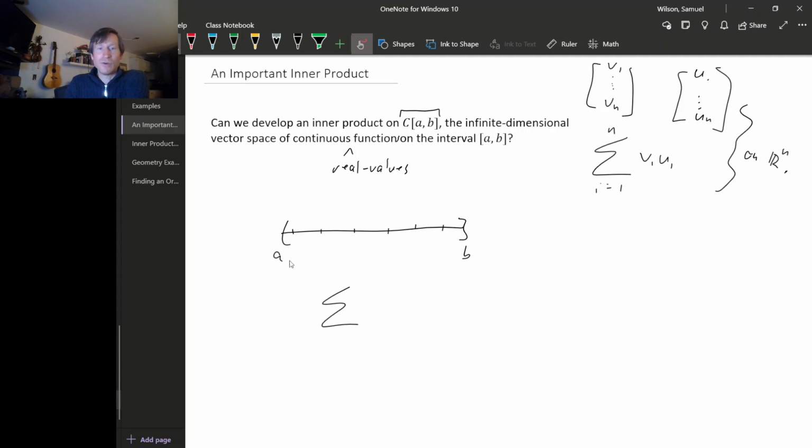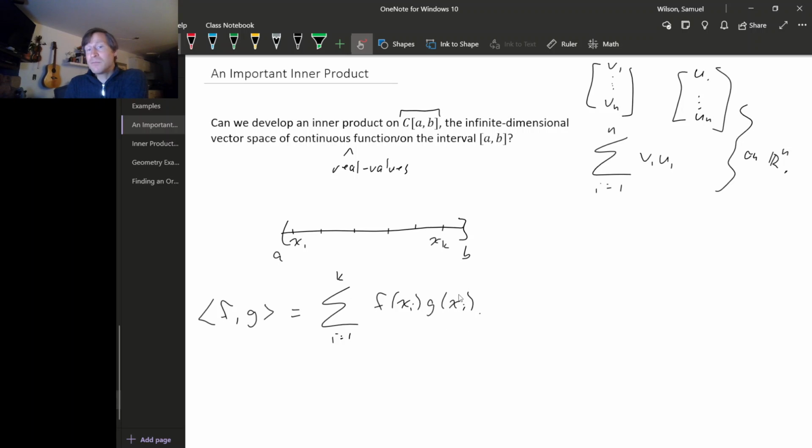If we have two functions f and g on this interval, let's call these x values x_1 up through x_k, we could do the sum from i equals 1 to k of f of x_i times g of x_i.